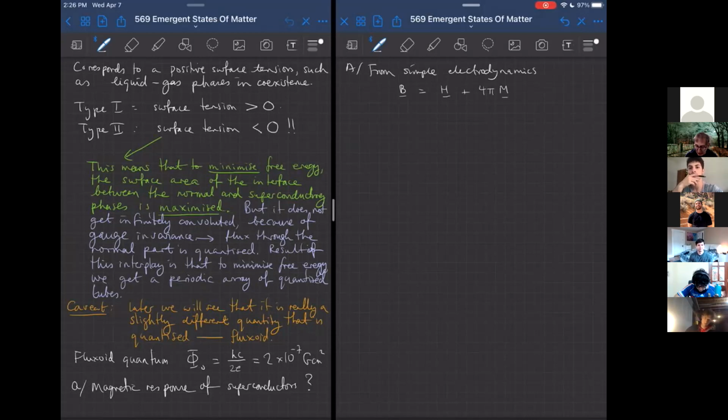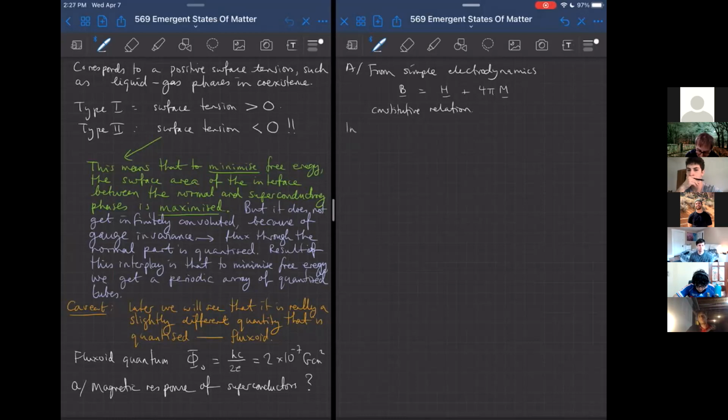So this is just a general constitutive relation, kind of like what you have in an electric field with polarization.